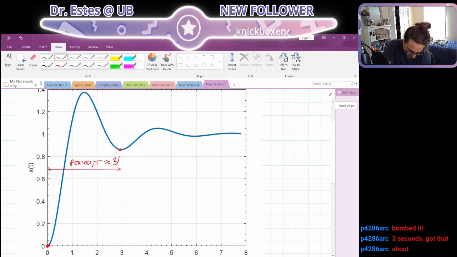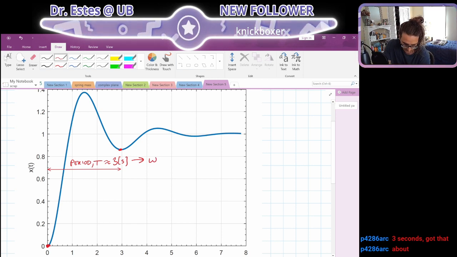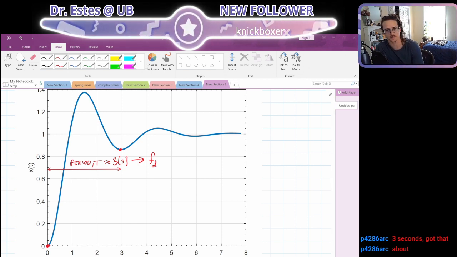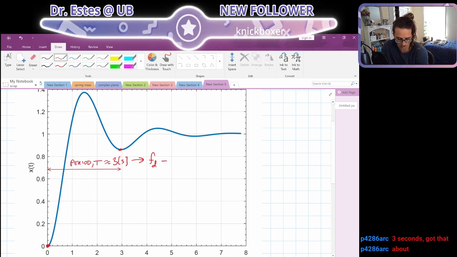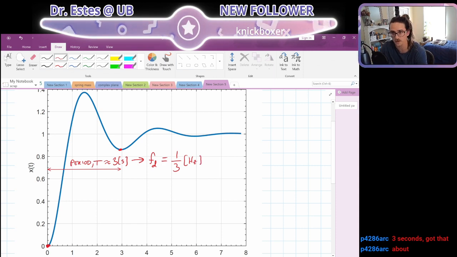This means that the damped natural frequency, I'll do it in hertz first. It has 1 cycle every 3 seconds. So that's 1/3 cycles per second, hertz.